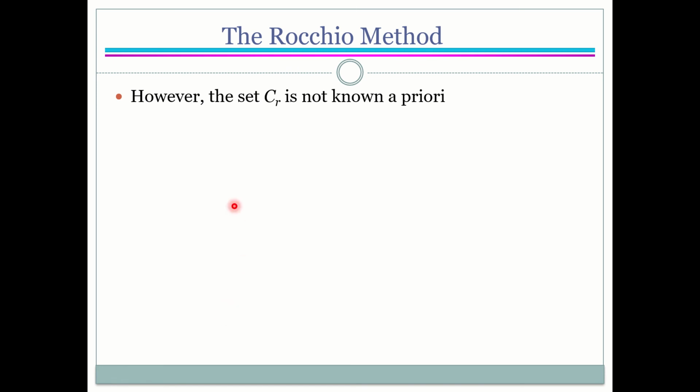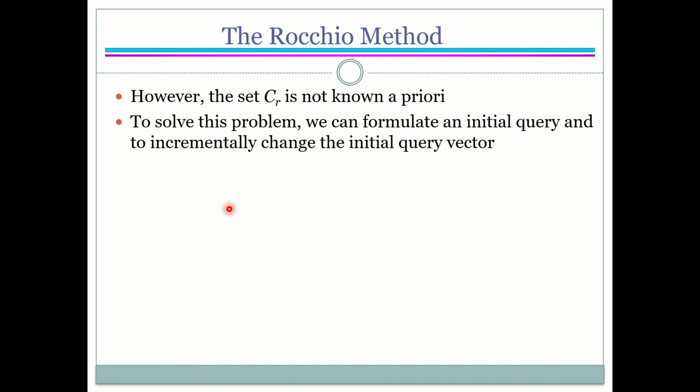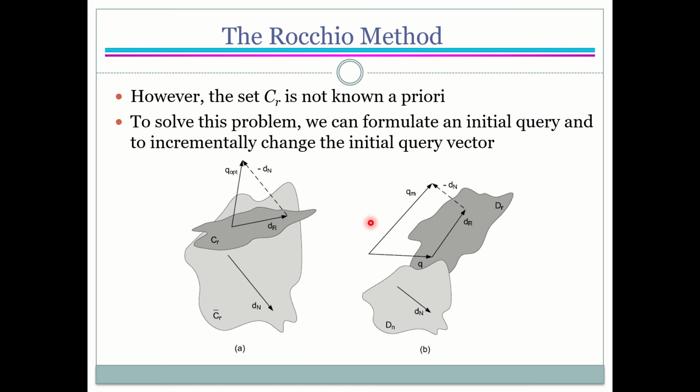However, in a real world situation, we do have the query Q, and the relevant documents are not known a priori. So to solve this problem, we can formulate an initial query and then incrementally change the initial query vector. For instance, let's consider the first part here. This is for when we know what the relevant documents are.